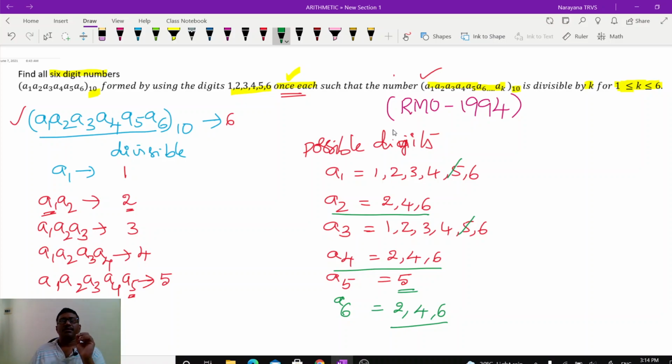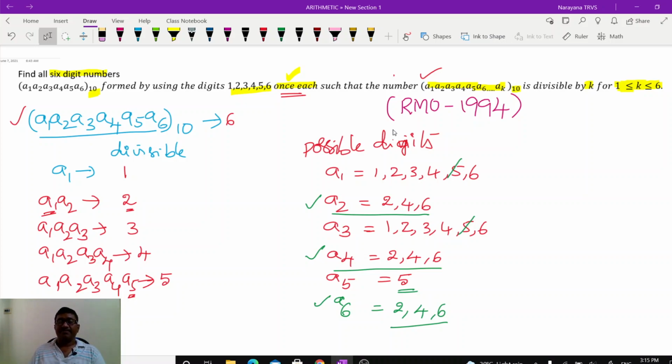If it is divisible by 2, the last digit must be 2, 4 or 6, any even digit. So A6 will have 2, 4 or 6, A4 will have 2, 4 or 6, A2 will have 2, 4 or 6.